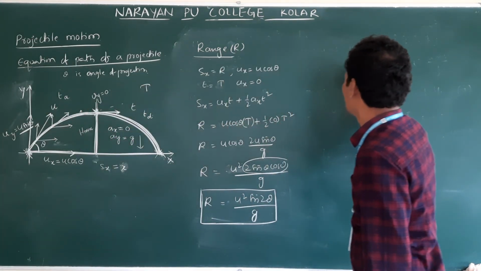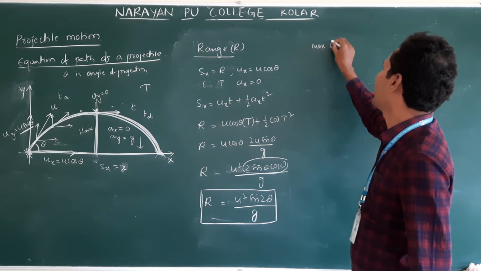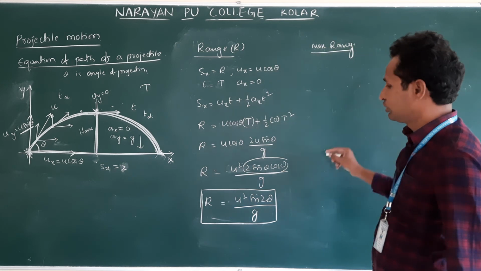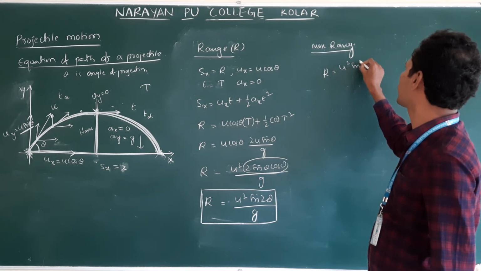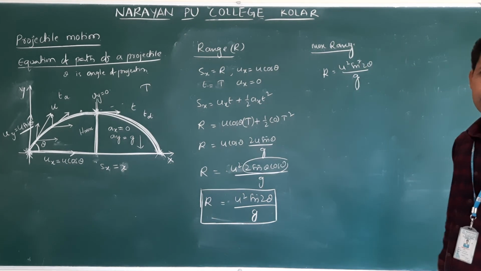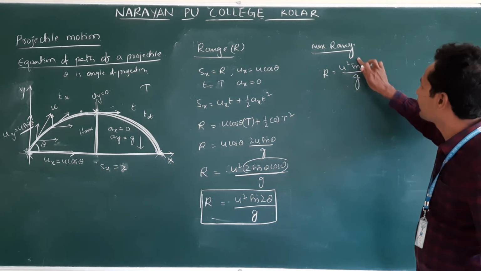When the range is maximum range. Range formula is what? R is equal to u square sin 2 theta by g, not square.